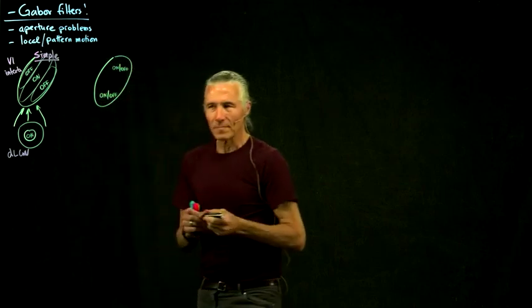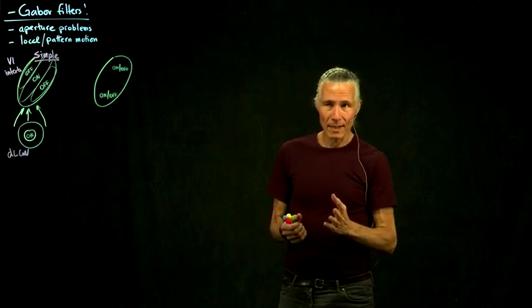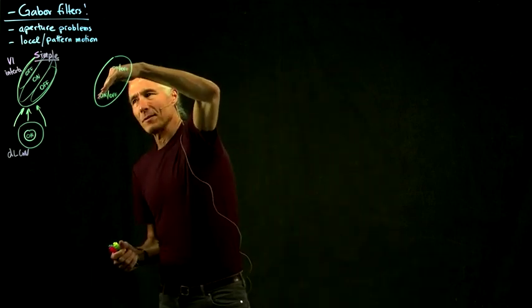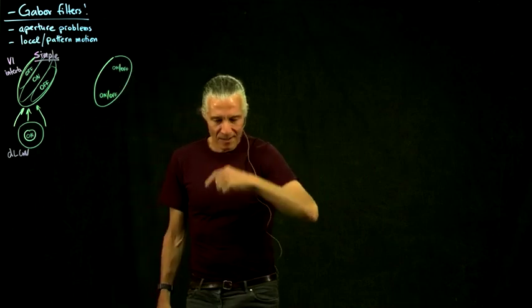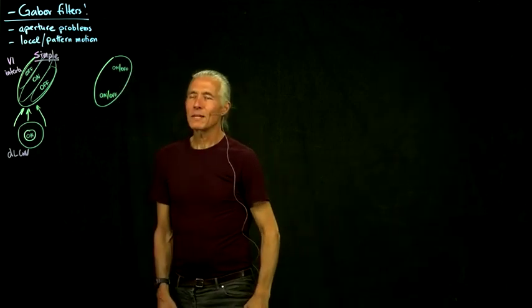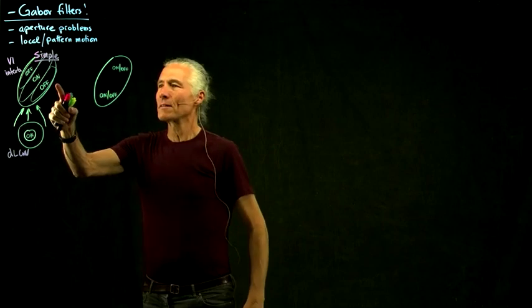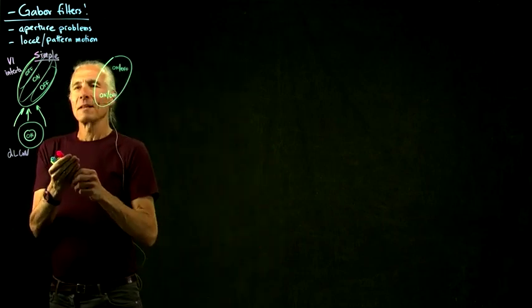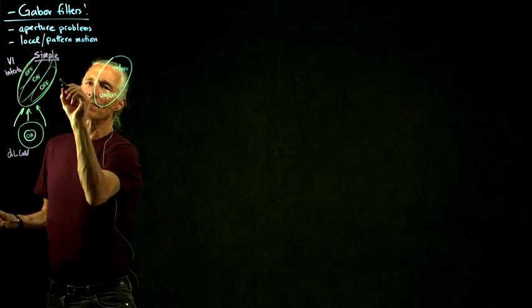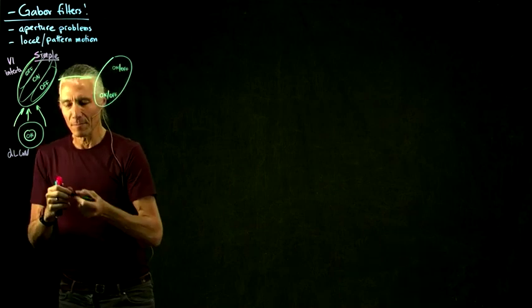But it's still orientation selective. In other words, it likes a bar this direction, but it doesn't like a bar going in this direction. So the question is, what's a simple way of making a complex cell out of a simple cell?